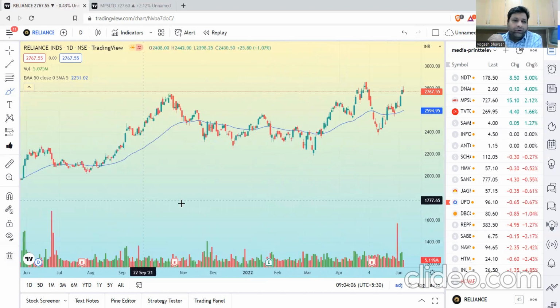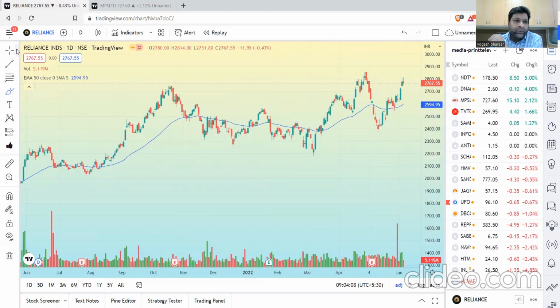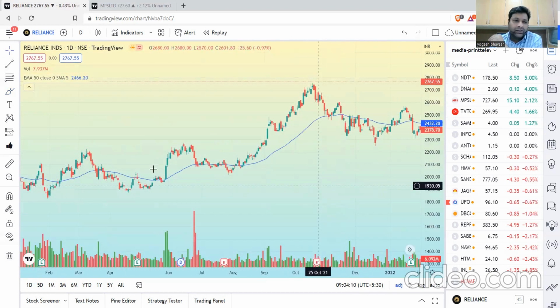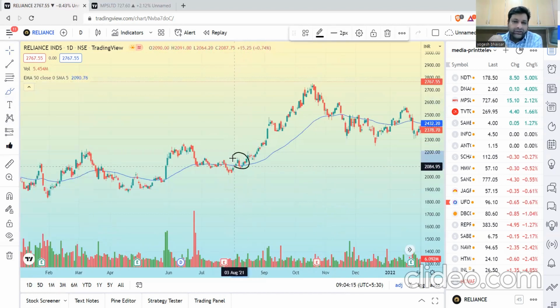Now, to be in profit of such a trade, you need to be in such kind of swing. Consider here, if you have entered your trade somewhere here around 2170, you would have exited over here, that is closing below 50 EMA at 2473.